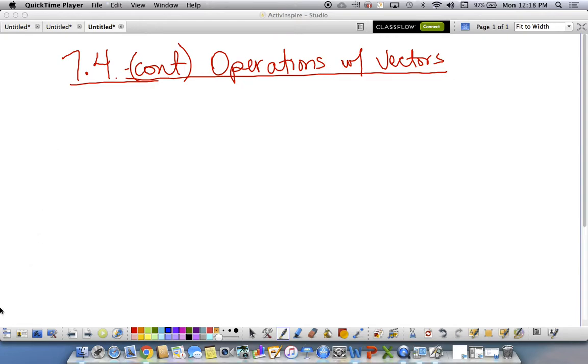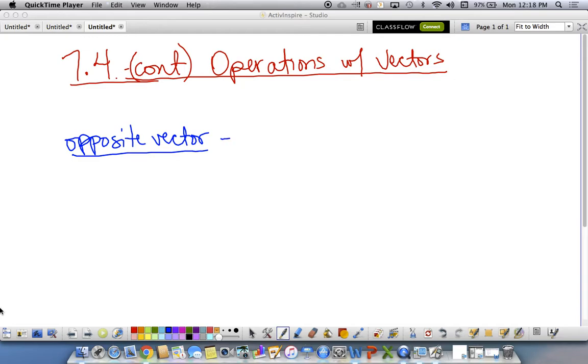Some things I expect maybe you remember from geometry, maybe you don't, okay? An opposite vector. So if I have a vector v, the opposite vector will be negative v, okay?